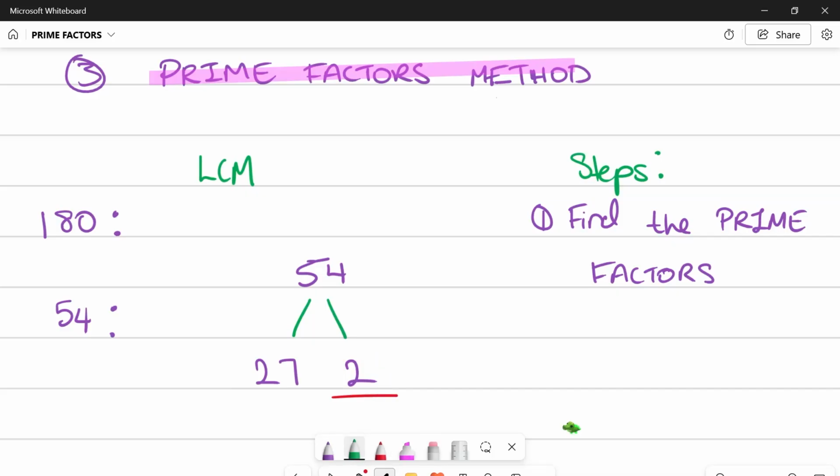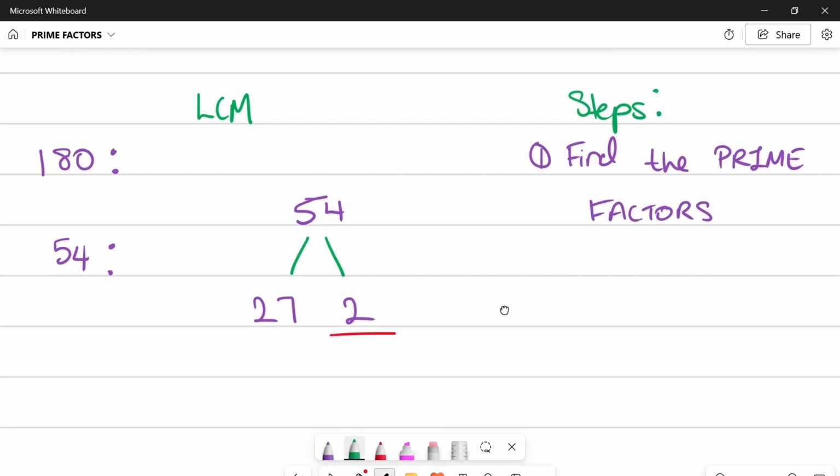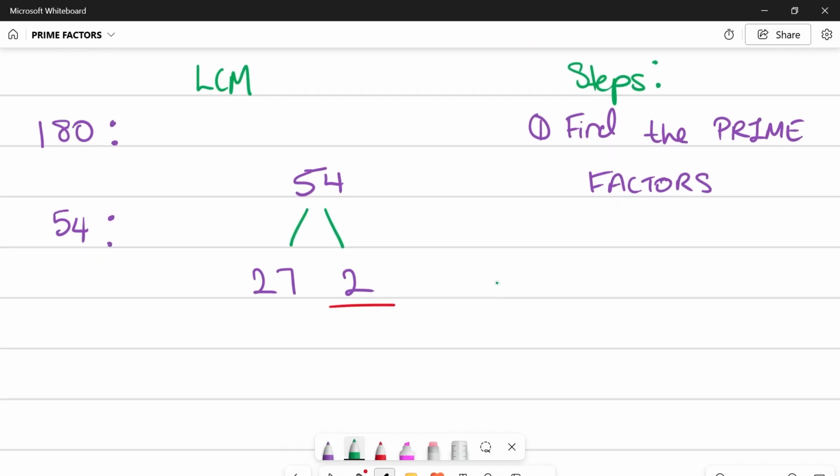Since 27 is not a prime number, we must continue breaking it down. So a pair of factors that when multiplied give us 27 is 9 multiplied by 3. We must now check to see if we found any new prime numbers. 3 is a prime number, so this marks the end of this branch. 9, however, is not a prime number since it has more than 2 factors.